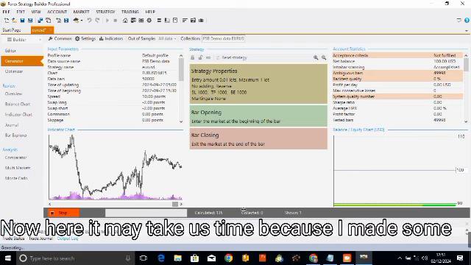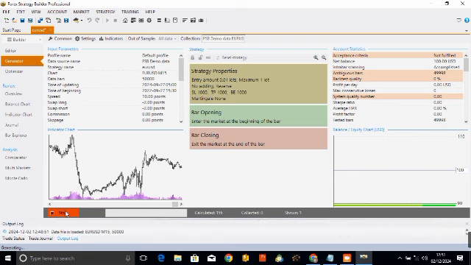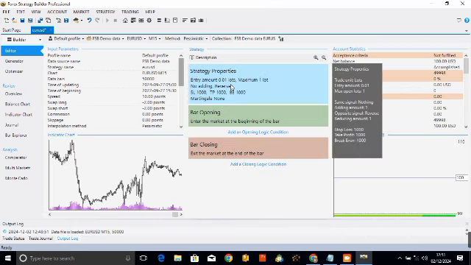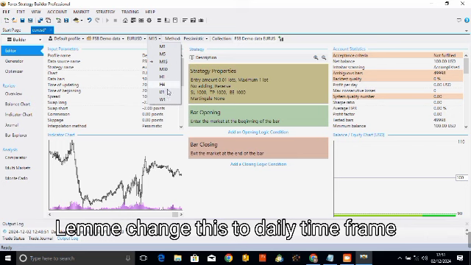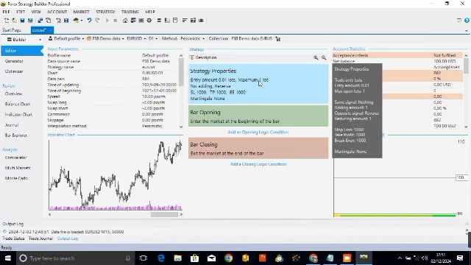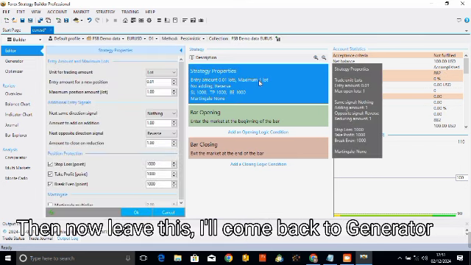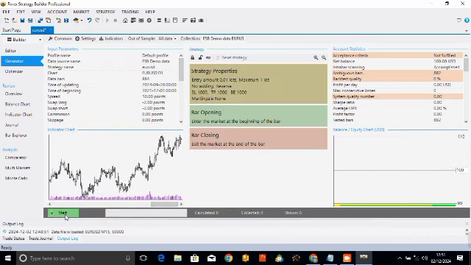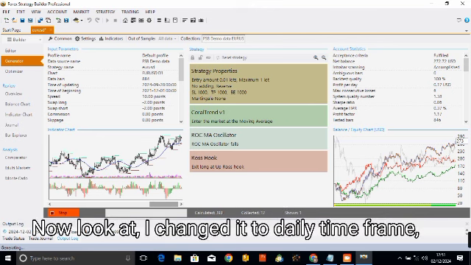Now, here it may take us time. Let me stop this and go back to this. Let me change this to daily time frame. Then I'll come back to the generator. Now look, I changed it to daily time frame.